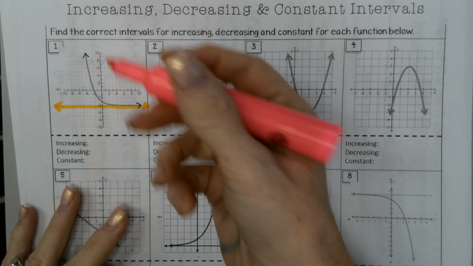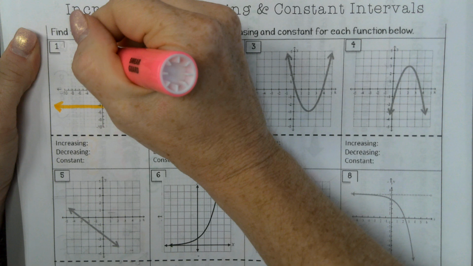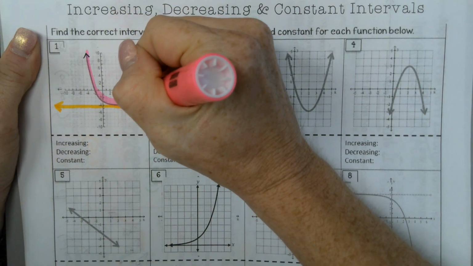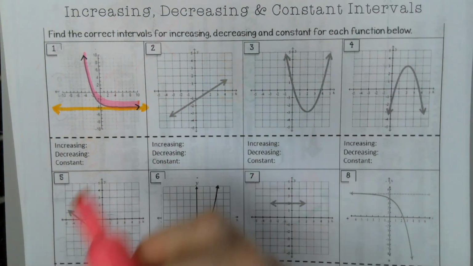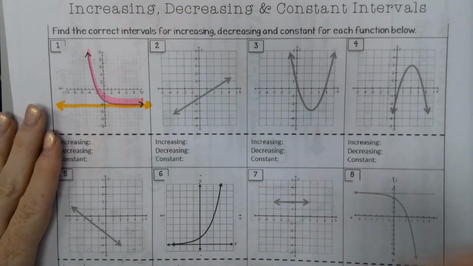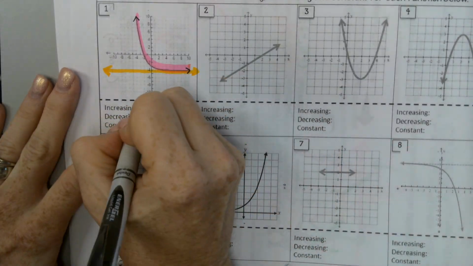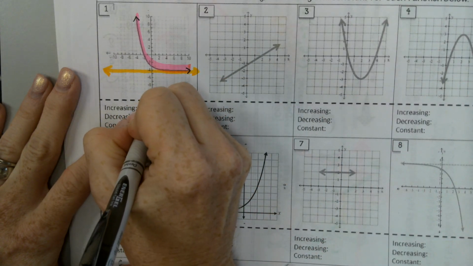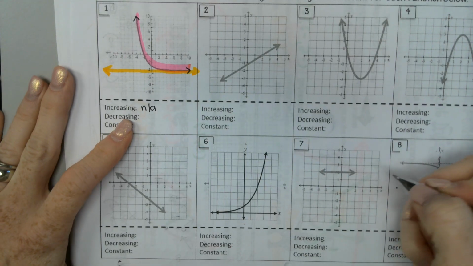From left to right, what is this graph doing? It's decreasing. And even though it looks like it's going to touch that line, remember, it's getting closer. It's still decreasing, but it's never actually going to touch it. So this graph is never increasing, so I'm going to put n/a.